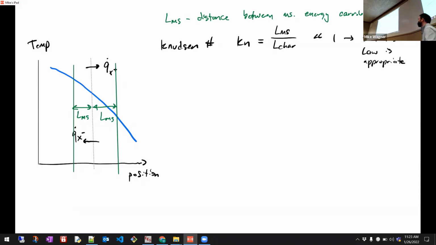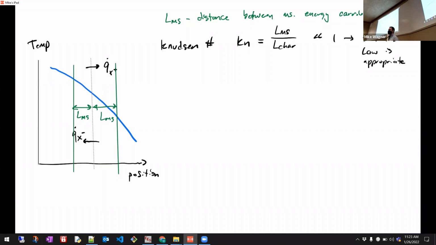If you're in a situation, however, like a near vacuum or a rarefied gas, you have matter there, and the interactions are happening, but on a very large time scale or space scale compared to the overall problem, then the Knudsen number may approach 1 or go above 1. In those situations, Fourier's law doesn't work anymore.